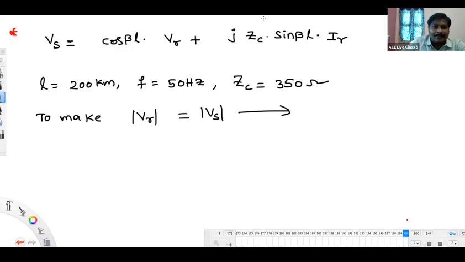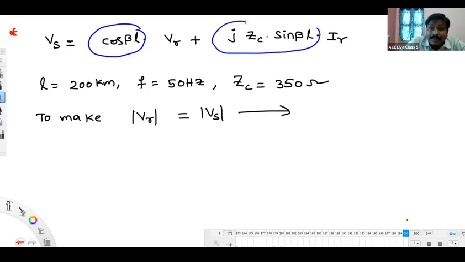The length of the line I have already fixed. You don't have a chance of varying the length. Frequency is 50 Hz, so beta is also constant. Zc is 350, so the surge impedance is also constant. That means cos beta L is a constant number, and Zc sin beta L is also a constant number.